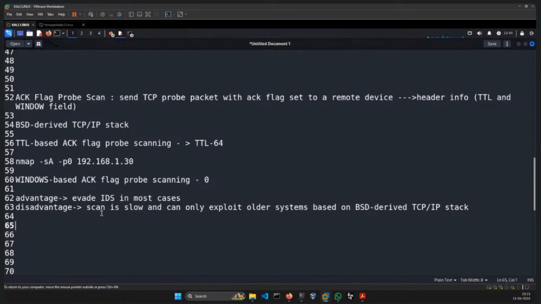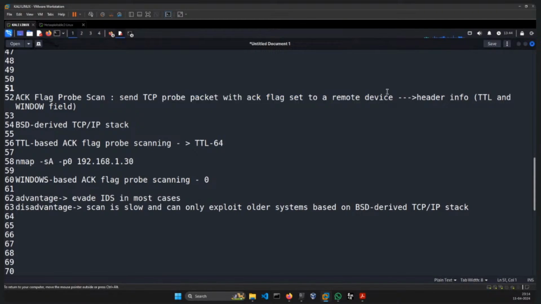Okay, I will repeat. So if you see, there is a specific kind of scan, that's called ACK flag probe scanning, right? ACK is acknowledgement. So what happens in this is the sender, our attacker, that is us, sends TCP probe packets with this acknowledgement flag set to a remote device.